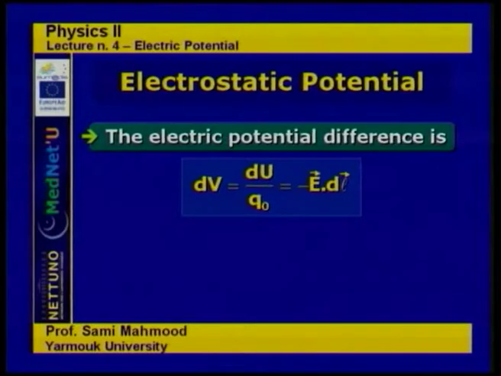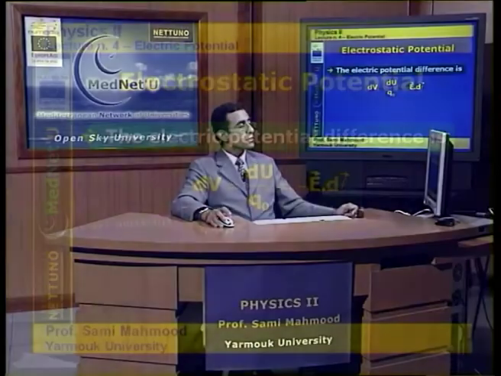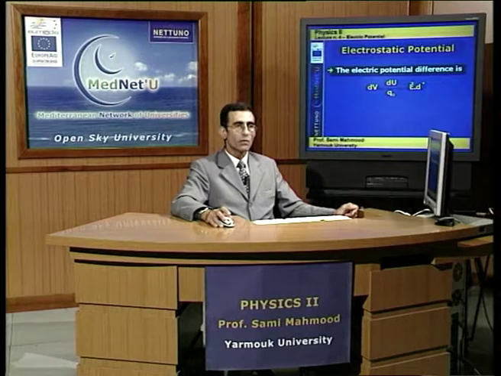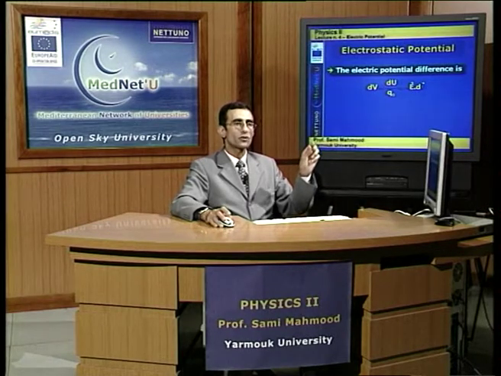It is equal to the difference in potential energy introduced to the system divided by the test charge q naught, which is simply equal to minus E, the electric field applied to the point charge q naught, dot dl. So minus E dot dl is the difference in electrostatic potential as the point charge moves a displacement dl in the field.